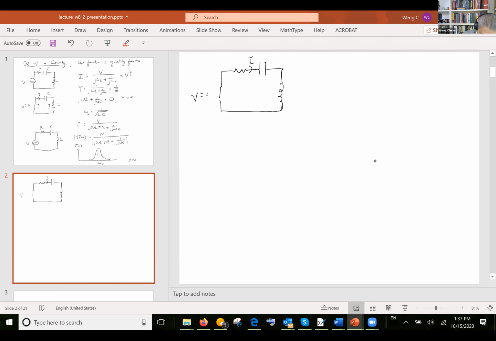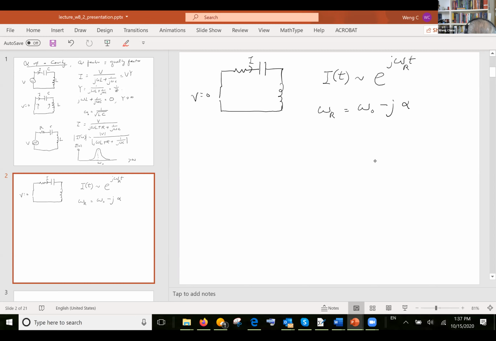V is equal to 0 now. The current in this circuit would have to be something that goes as e to the j omega t, where omega is the resonance frequency of this circuit, and will have a real part plus an imaginary part. Okay, there should be a plus an imaginary part. And the imaginary part should be negative, in order for it to be consistent. I think so, yeah.